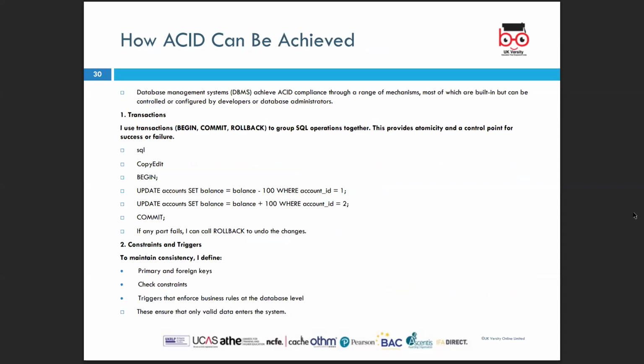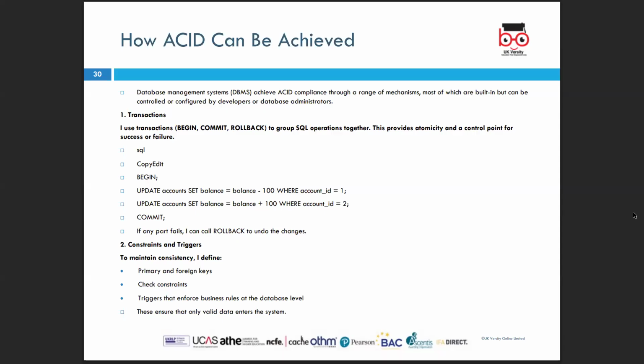So how can we achieve this? With our DBMS, we can achieve ACID compliance through a range of mechanisms, most of which are built in, but this can be controlled or configured by developers or database administrators.